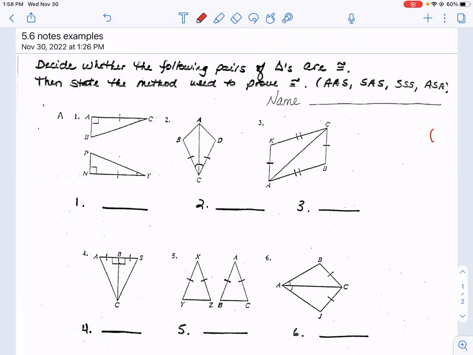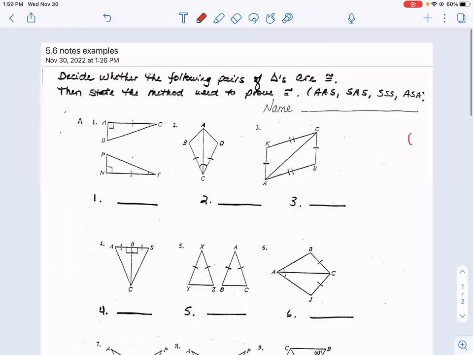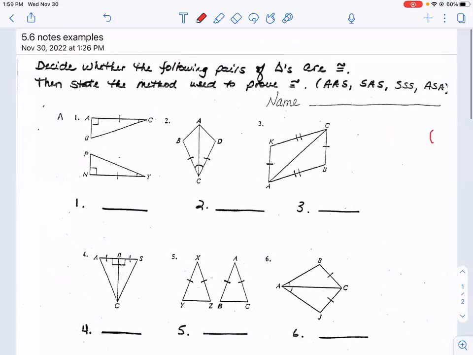This is SAS. What's 6? I'm so confused. 6 is S. Did you write on here?